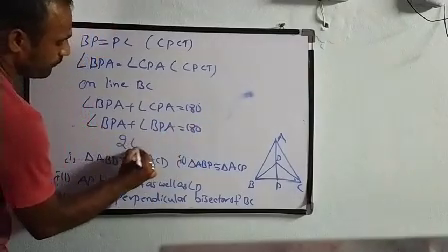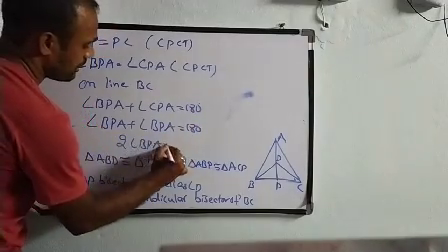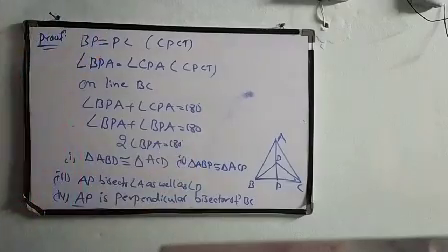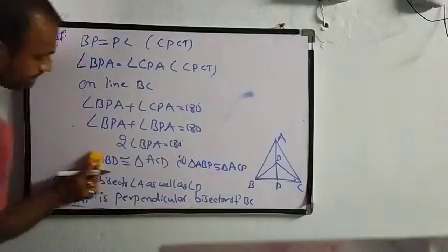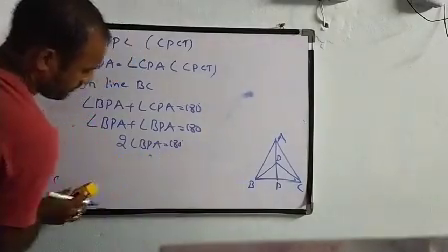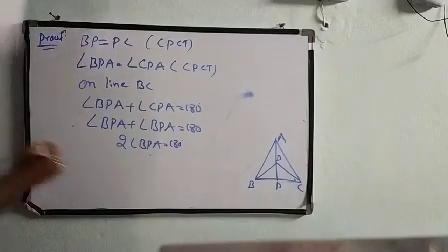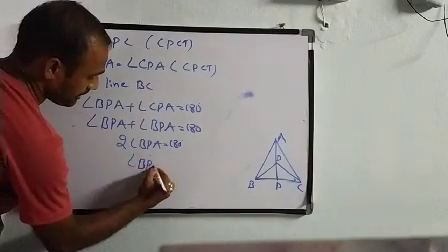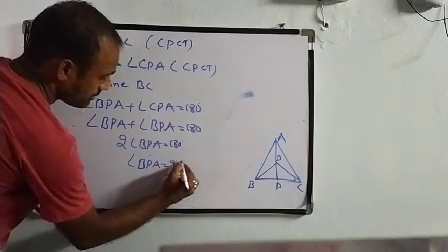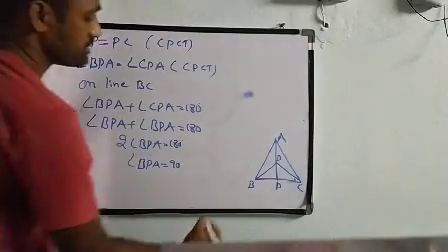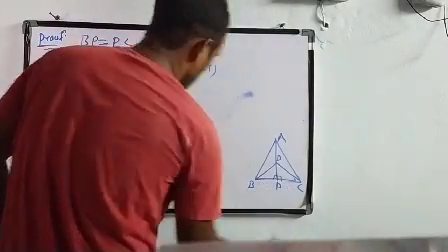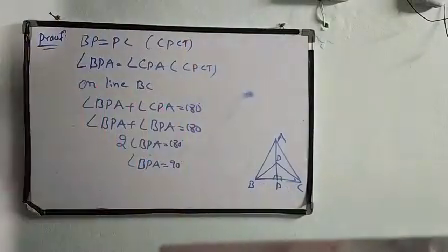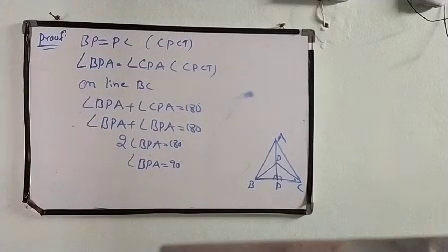So 2 times angle BPA equals 180, so angle BPA equals 90 degrees. By this we can say that AP is the perpendicular bisector of BC.